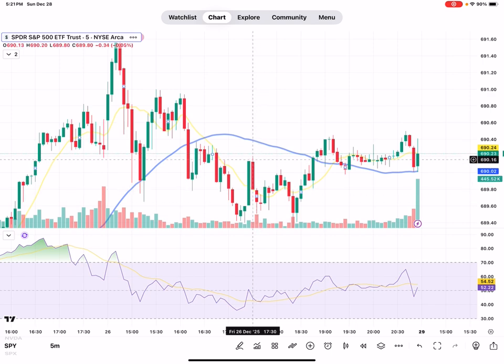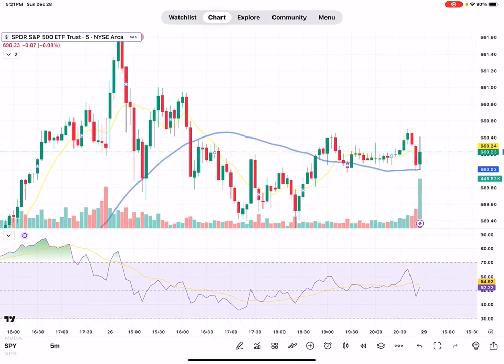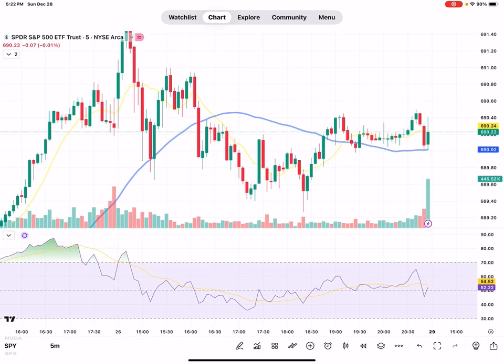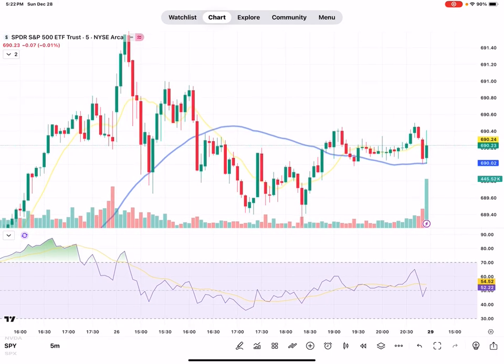So if you went for a put, you could have come in here at 690.13 and probably rode it all the way down to 689. That makes sense. Okay, so that's just the candle, the body, and the wick explanation.